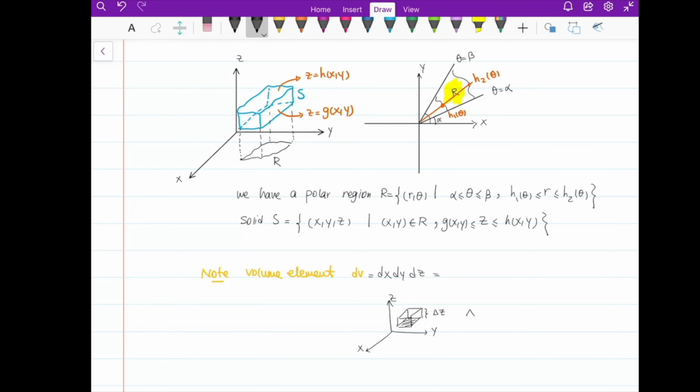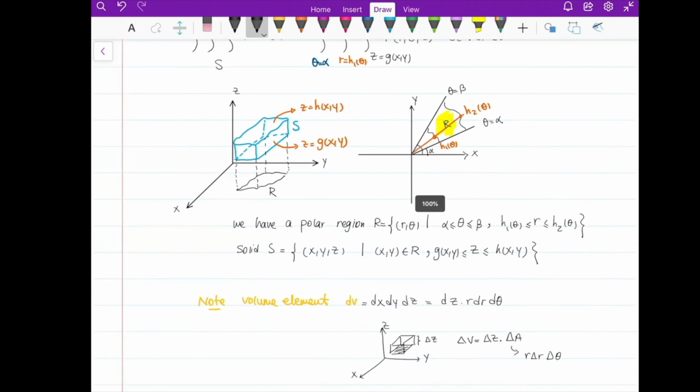So delta V would be the height times the area of the base, and since the base is in polar, we can write its area as r delta r delta theta, which when we take the limit, would be dz r dr d theta.